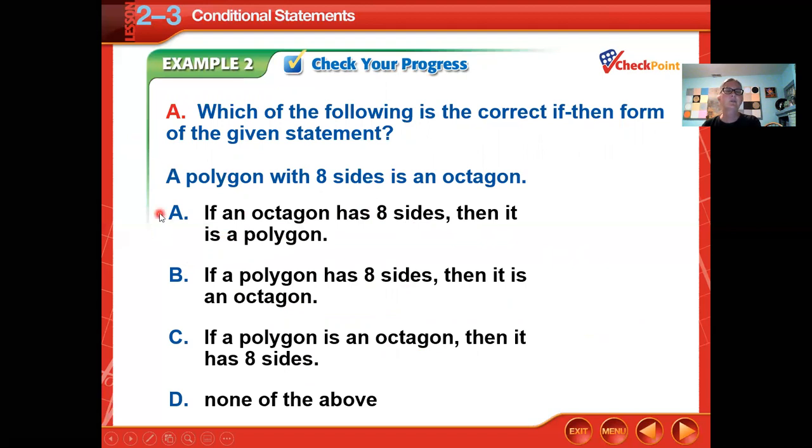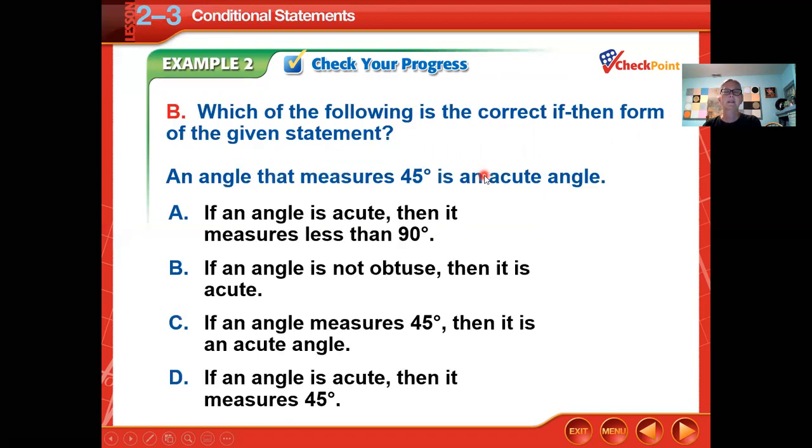It's asking me which one of these statements is the correct conditional that you could write in if-then format. This one, because this one starts with a polygon with 8 sides is an octagon. So the conclusion is it is an octagon. It's not always in the right order, though. You have to be really careful and think about what the meaning is.